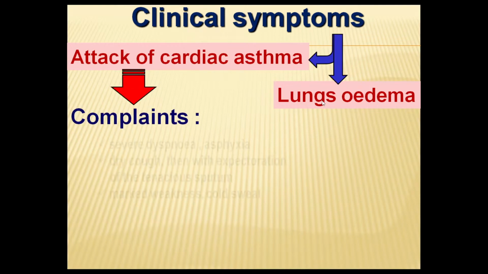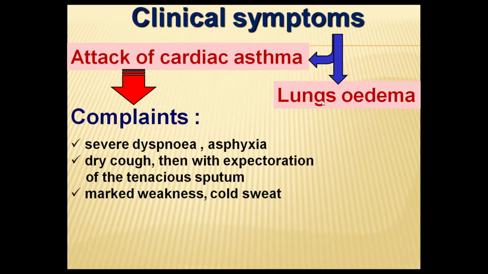Attack of cardiac asthma. The patient suddenly feels severe dyspnea, which then transforms to asphyxia. Usually it appears in the early morning period, 3-4 hours a.m. If activity of alveoli is restricted, the patient feels some discomfort, maybe dry cough, sometimes maybe expectoration of viscous tenacious sputum.